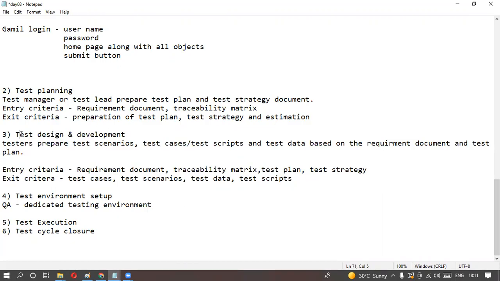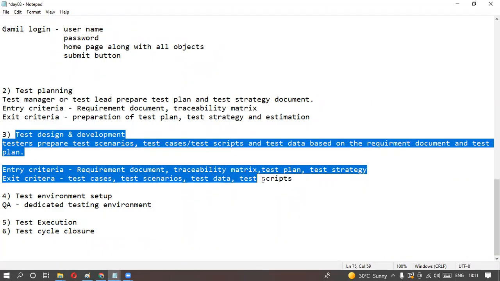What all the test cases you designed in this phase, those all will be executed in the test environment. So the test environment should be very proper and it's deployed correctly. Otherwise, you cannot see the application.